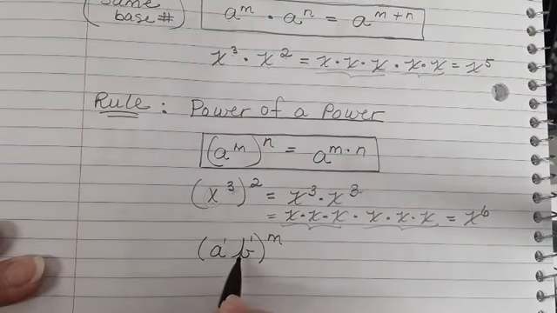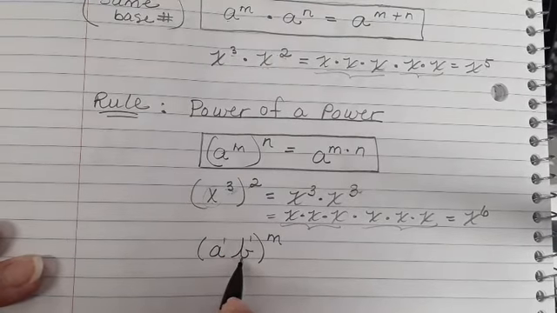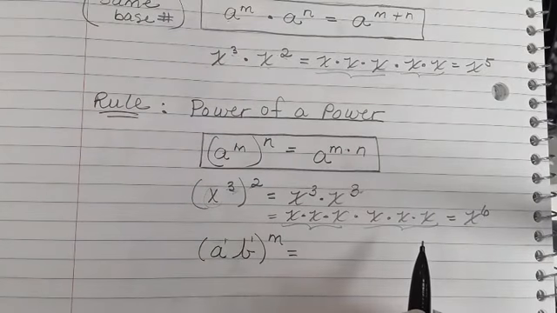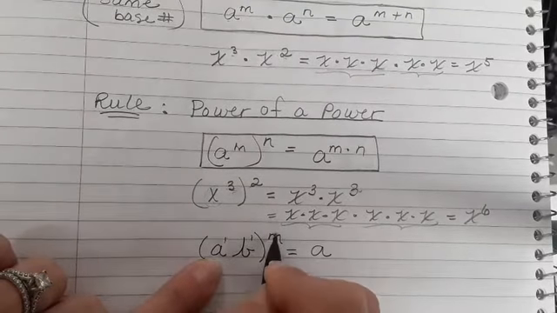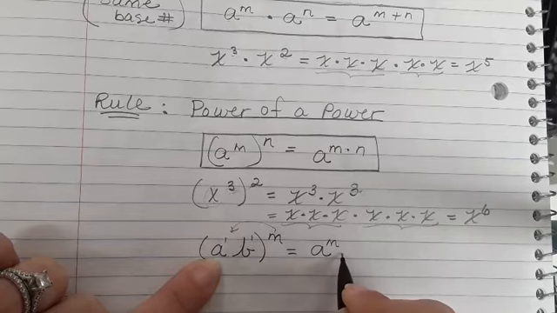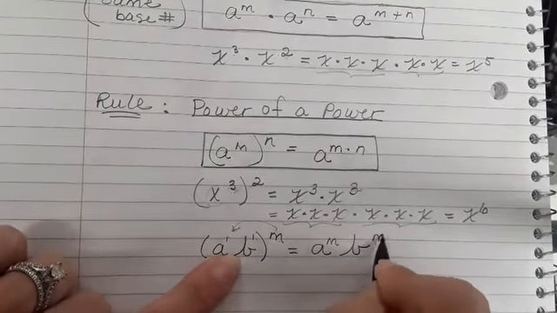Now if you're adding A and B, this rule does not apply. But if you're multiplying inside, then you continue with this rule of multiplying your powers, but you go to each base number. So A is a base number, so you multiply the powers here, m times 1, and then you go to your second base number and multiply your powers there.